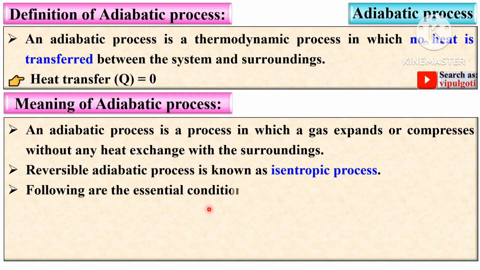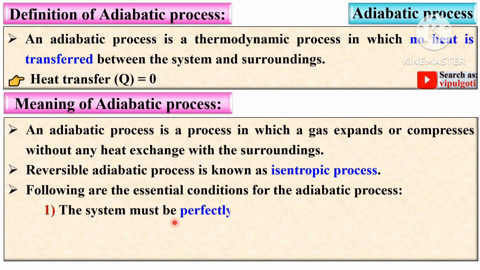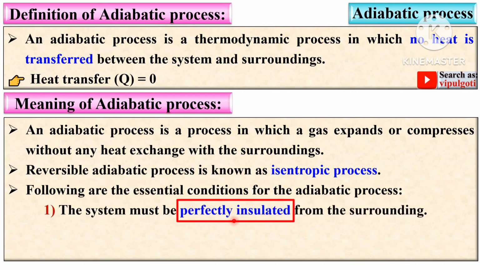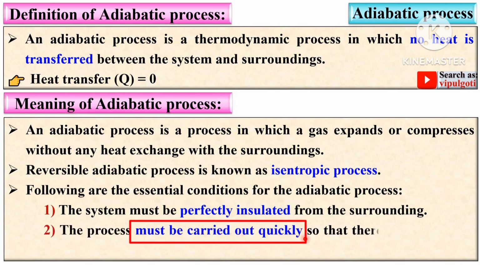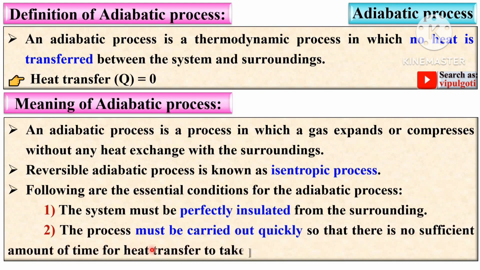Following are the essential conditions for the adiabatic process. First, the system must be perfectly insulated. That means there is no heat transfer from the system to the surroundings, and vice versa. Second, the process must be carried out quickly so that there is not sufficient time for heat transfer.